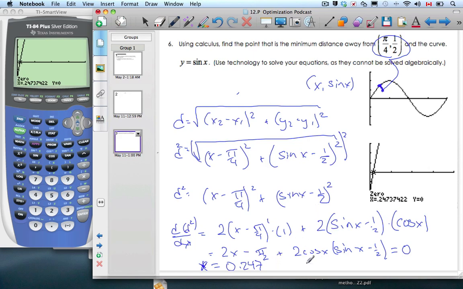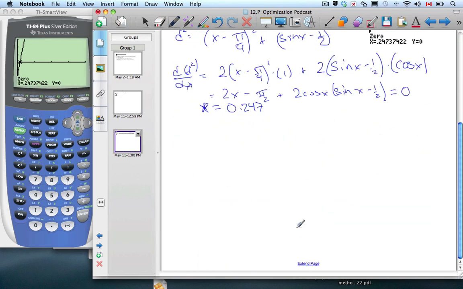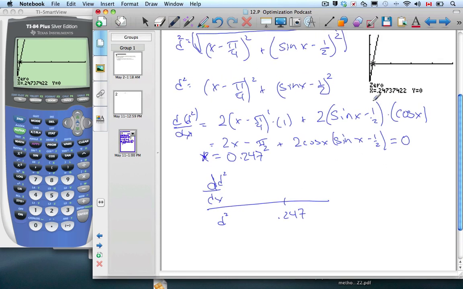Now I also want to make sure that it's a minimum. So if I consider my derivative of d squared, at 0.247, I can tell from my graph that it is negative, and the values after are positive.